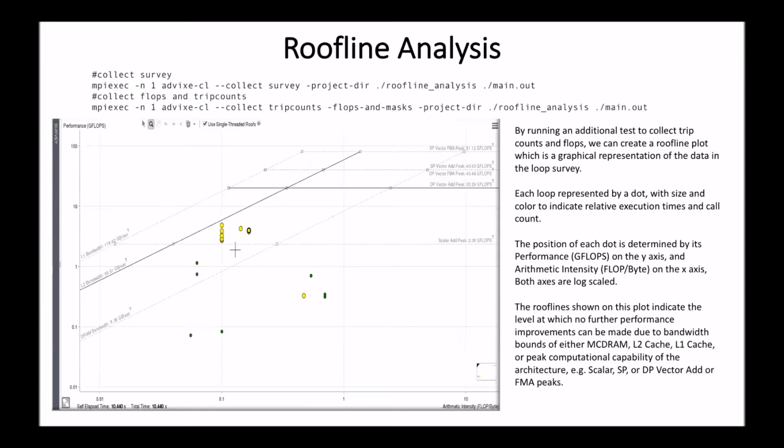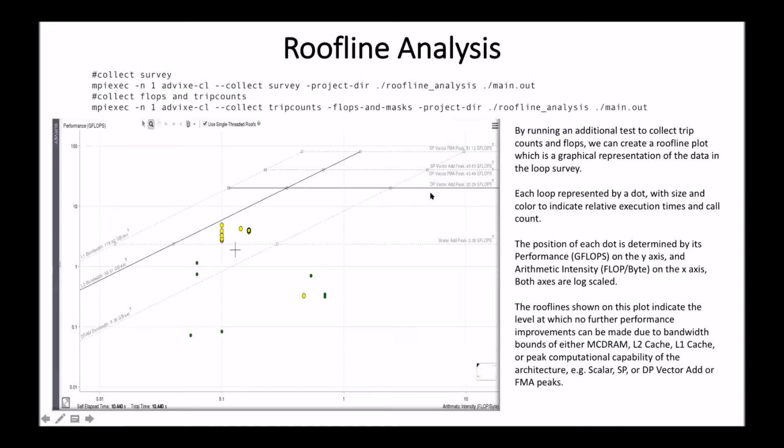So the roof lines, which are the diagonal and horizontal lines, indicate the level at which possibly no further performance improvements can be made due to bandwidth bounds. So this lower line, I hope you can see my cursor moving there, the lower line is a DRAM bandwidth roof. The solid line I have here is the L2 bandwidth, and then the top dotted line is the L1 bandwidth roof.